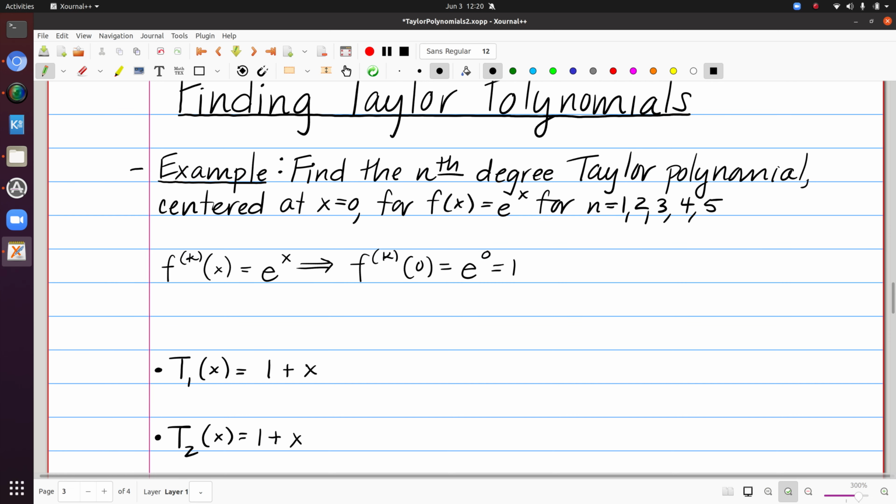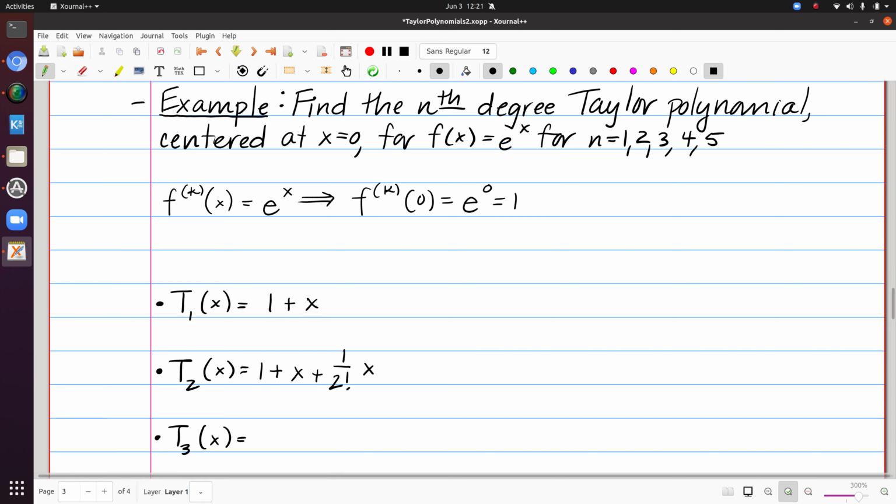Plus, now I'm going to take the second derivative evaluated at 0, which is 1, divided by 2 factorial times x squared. To get the third degree Taylor polynomial, again, I'm going to take everything that I had from the second degree polynomial, and I'm going to add to that the third derivative at 0, which is 1, divided by 3 factorial times x cubed.